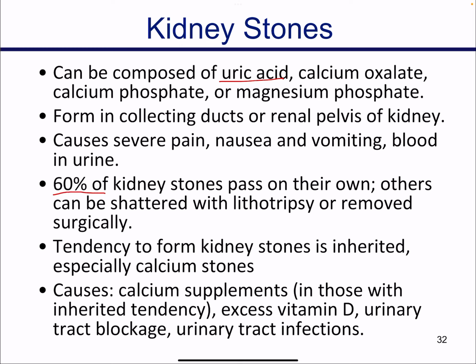So 60% of kidney stones are typically going to pass, while others are really going to be a major issue. Some can be removed surgically. Okay. And forming kidney stones is actually an inherited condition in many families, right?